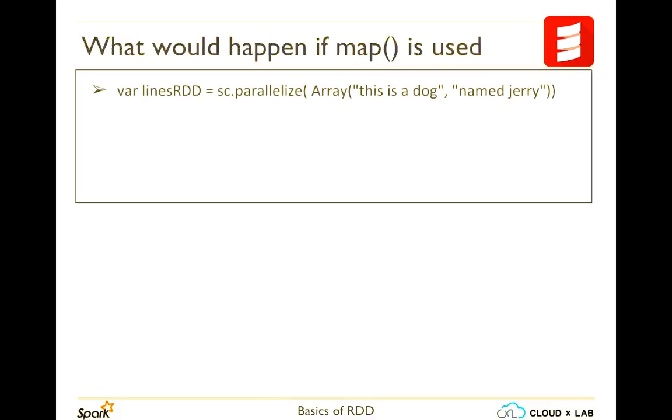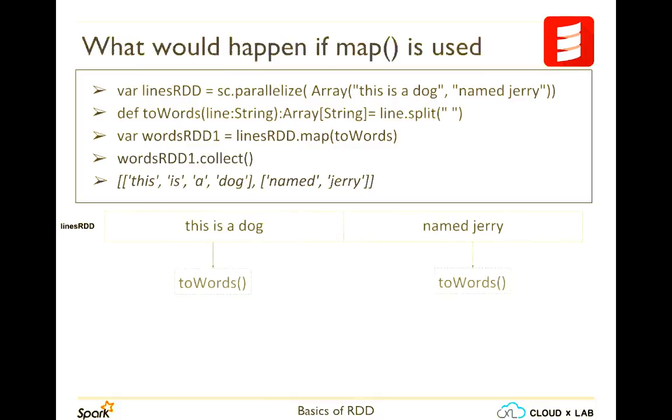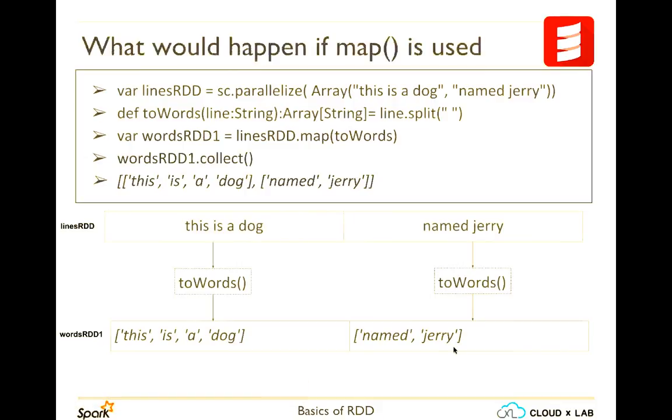What if we used map instead of flatMap in the previous example? What would have happened is this. We would still get two elements, the first element containing one array, the other element containing another array.